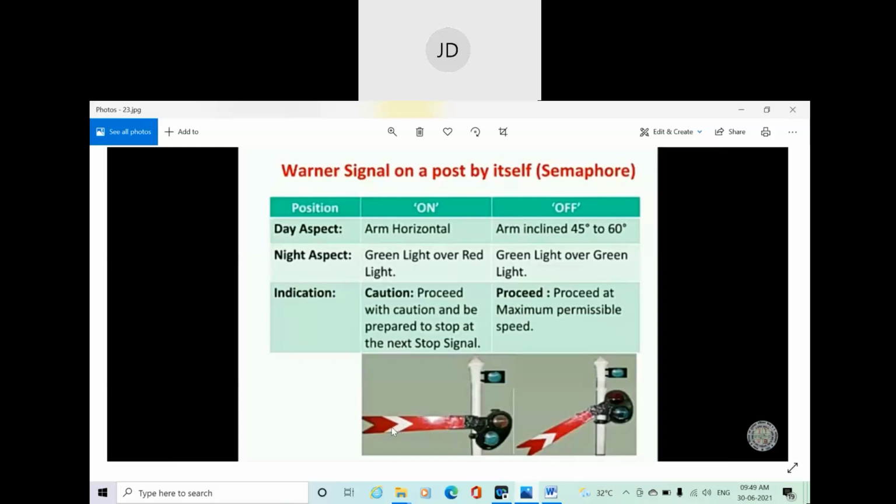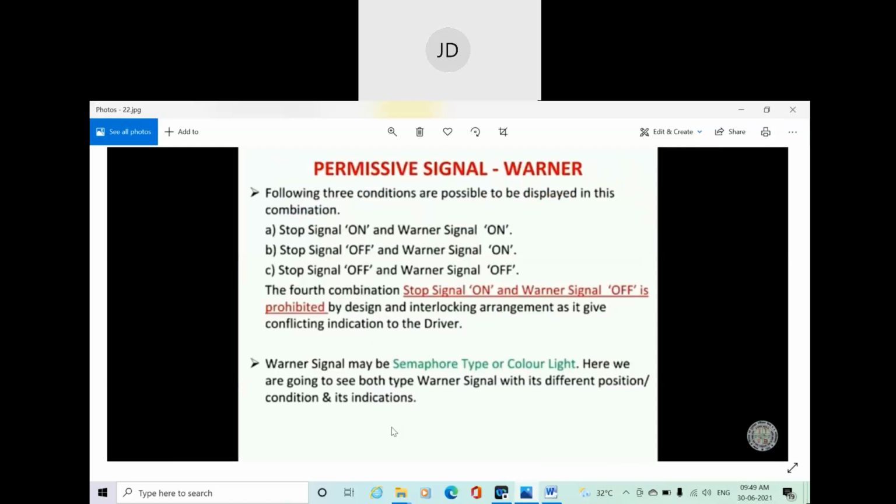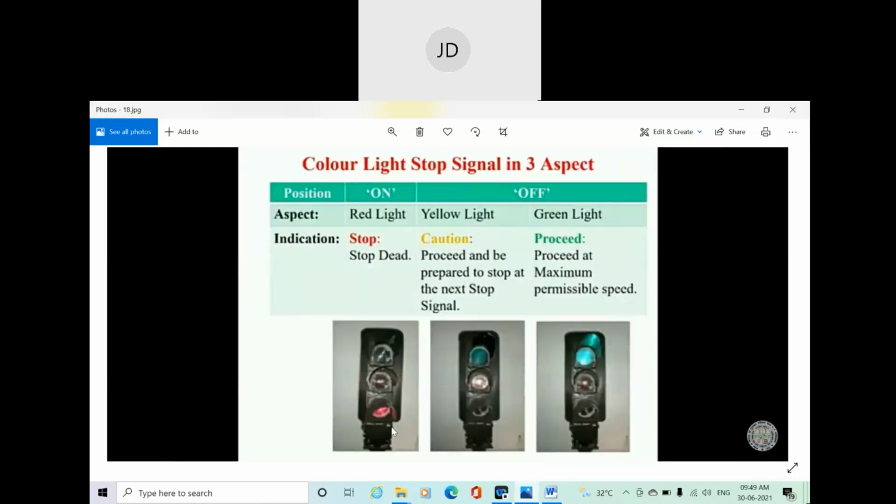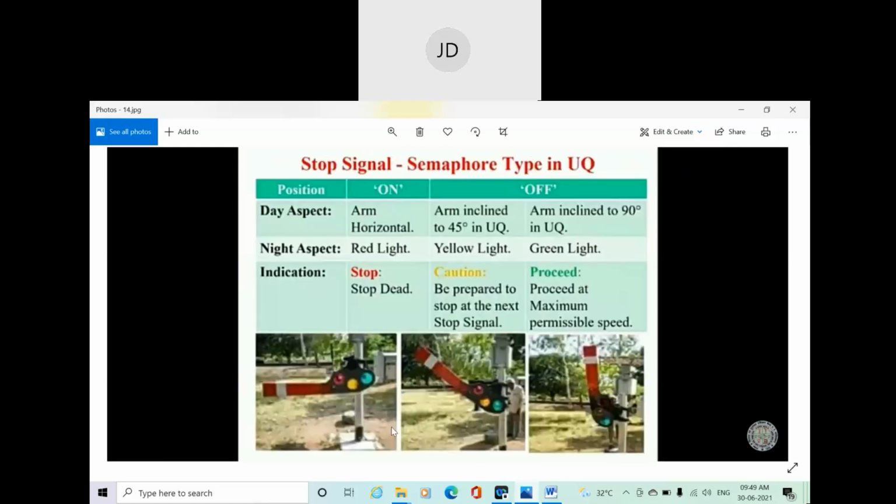And if you remember the stop signal, I will show you the stop signal again. Can you see, the stop signal has completely rectangular edges, and there is a rectangular white strip near the edge.